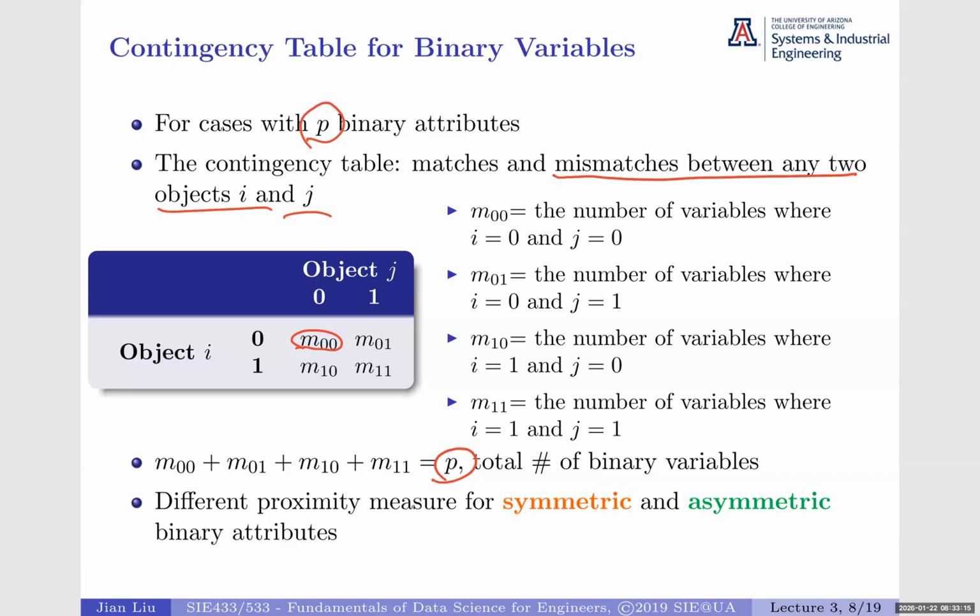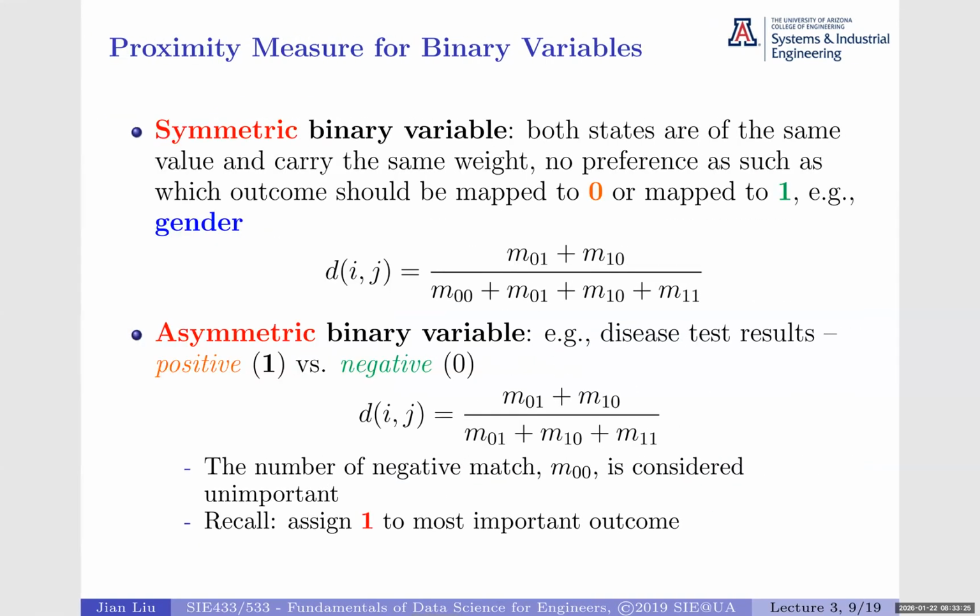The proximity measures for symmetric and asymmetric binary variables will be different. Let's see. For symmetric binary variables, we consider both 0 and 1 as equally important. So they are considered the same, both 0 and 1.